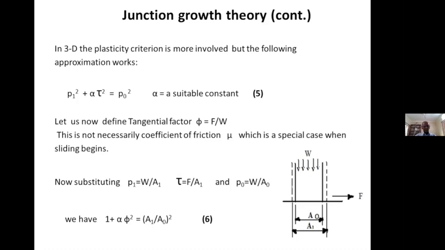And you will see that it's very simple, it will just cancel out, and it comes out in the form of 1 plus alpha phi square is equal to (A1 by A0) square. So now we have got two variables. One is phi and one is the non-dimensional area, that is A1 by A0. A1 is the final area and A0 is the initial area with the normal load alone.